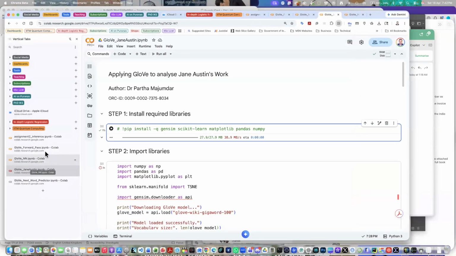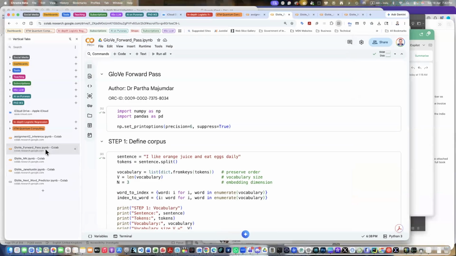So now what we will do today, like in the last two classes, is make a neural network, and in the neural network we're going to see how to make the GloVe embeddings. First we will take a single forward pass of the neural network and understand how we are setting it up. Then we will go through the complete neural network, where we'll do the forward pass and backward pass until the learning is complete and we get the embeddings.